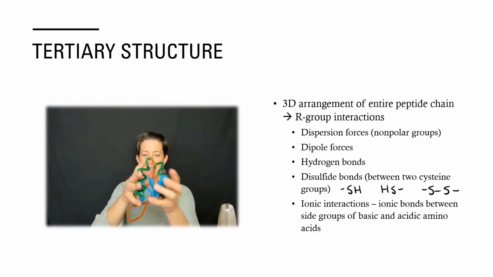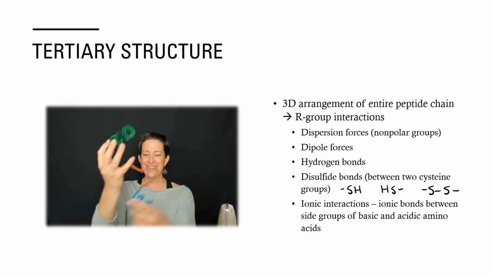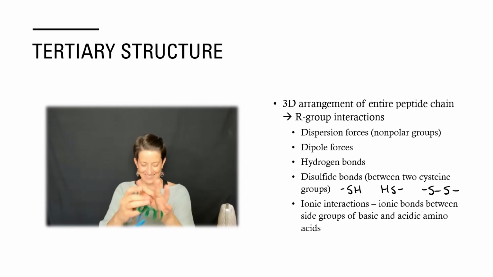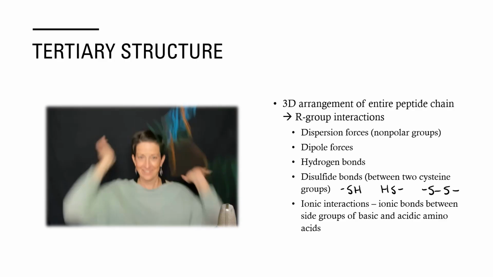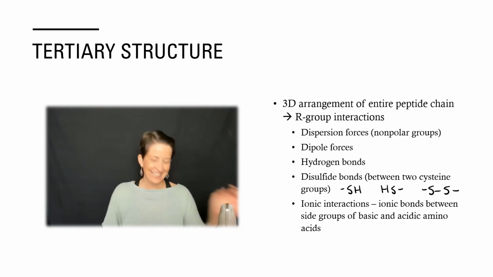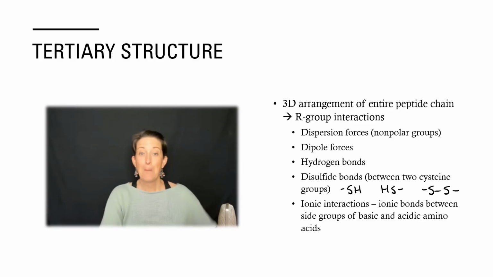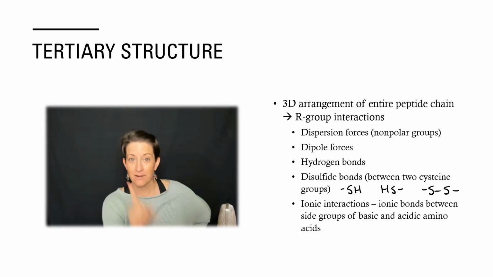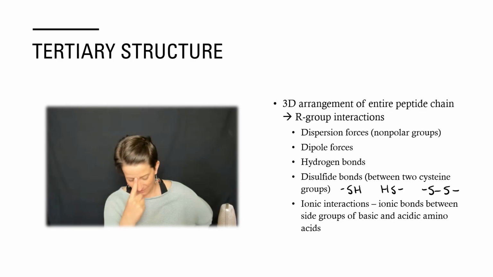You like my blob? So it comes together as a blob. The only way it can do that is to have those R group interactions so that it can stay. My pipe cleaner does not have R group interactions, so it can't stay together.